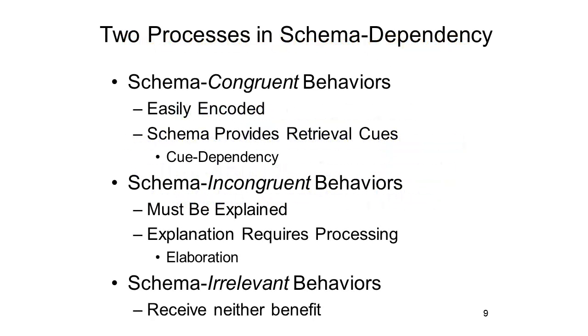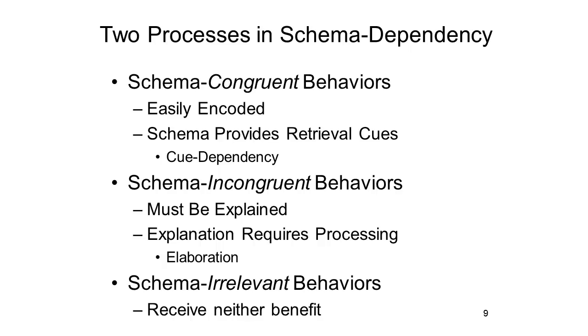We can understand the role of schemata in memory with reference to our earlier stage analysis of memory, because it turns out that there are 2 different processes contributing to the schematic processing principle, one operating on the encoding end, the other operating on the retrieval end.